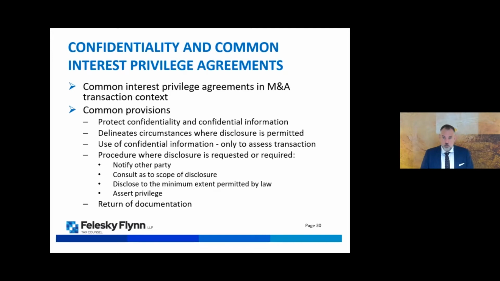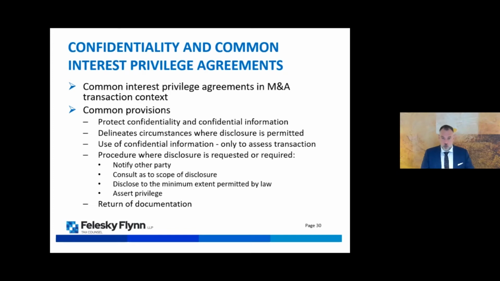So 4 years down the road, when the CRA comes in and audits this transaction and requests certain documents from you, you'll have particular obligations with respect to that under the common interest privilege agreement. So it will be important then to be able to pull out a copy of that common interest privilege agreement and say, what are we required to do here?